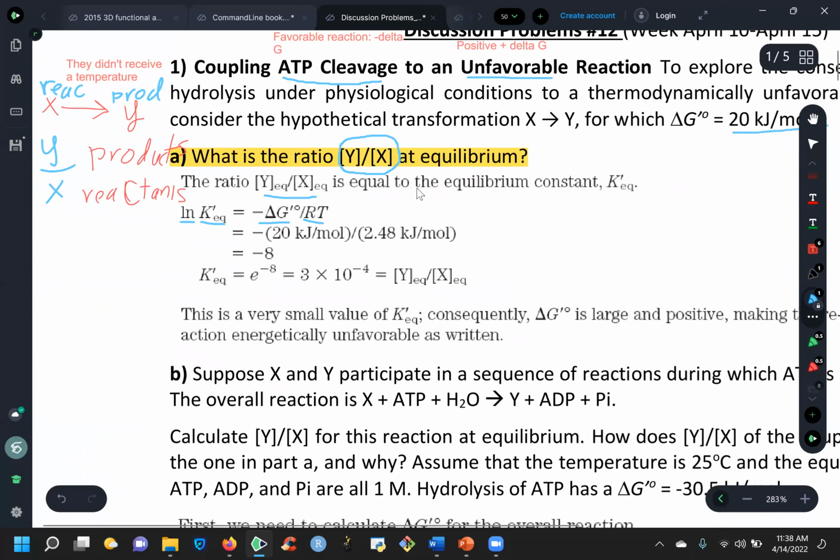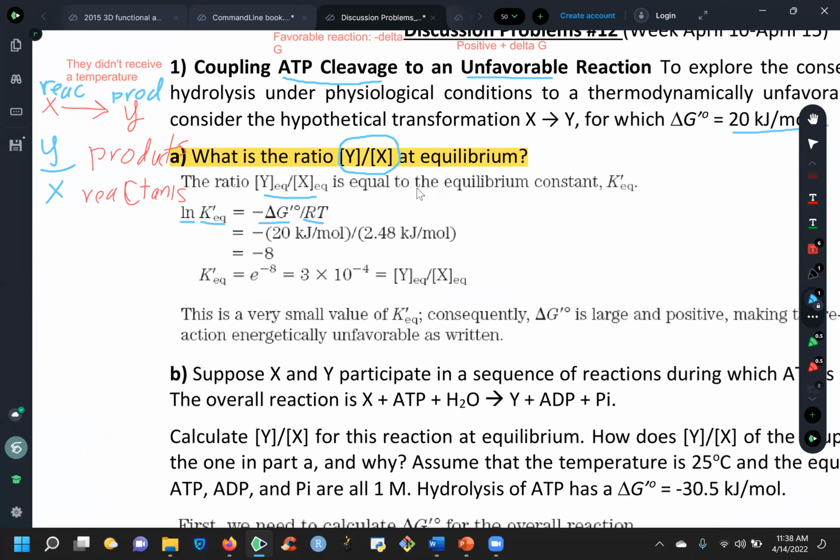Anytime somebody asks you for the ratio of something, you use this formula. ln of KEQ is equal to negative delta G divided by RT. So we know that our delta G was 20 kilojoules per mole, and it was positive.